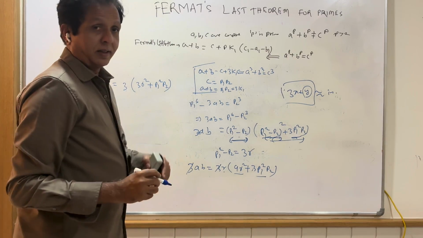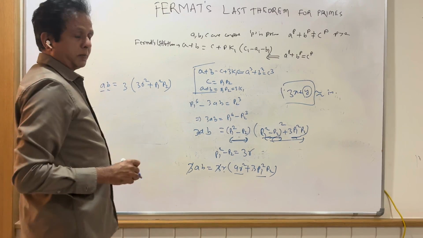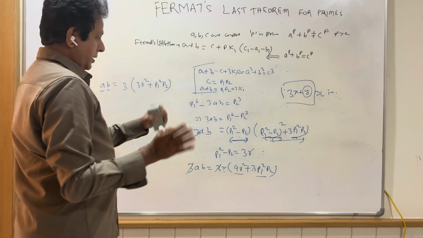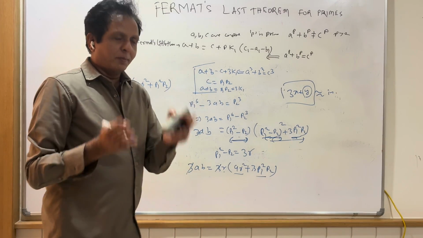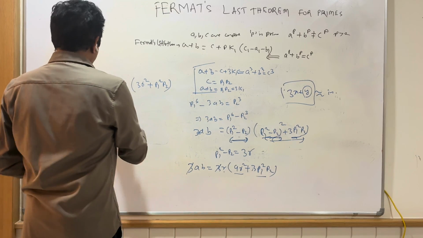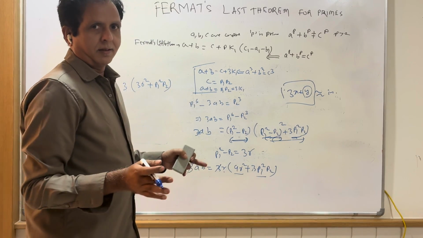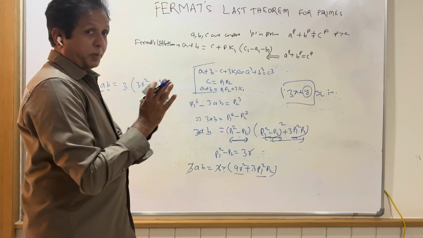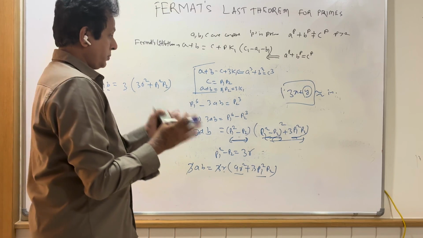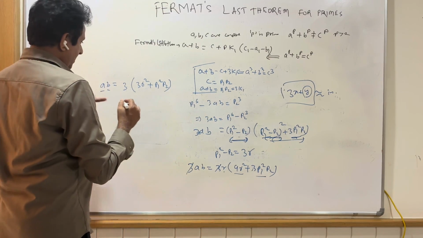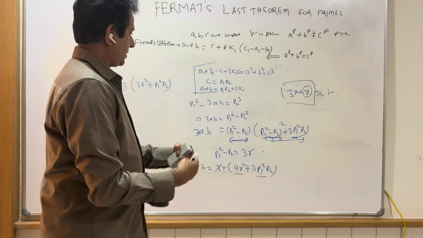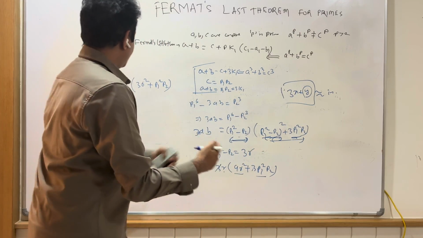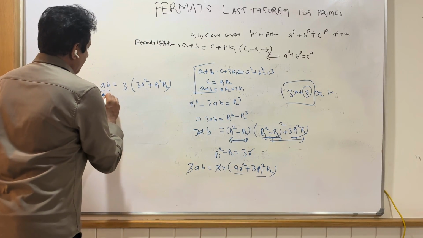What this means is that one of a, b is a 3 multiple. Previously we proved that when c is a 3 multiple, a and b are not 3 multiples. Now when we started with c not a 3 multiple, we ended up with one of a, b being a 3 multiple.